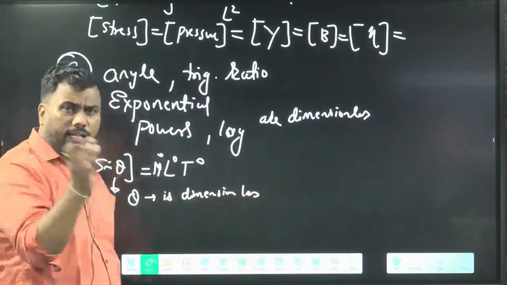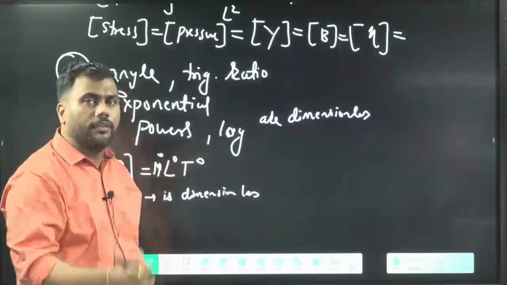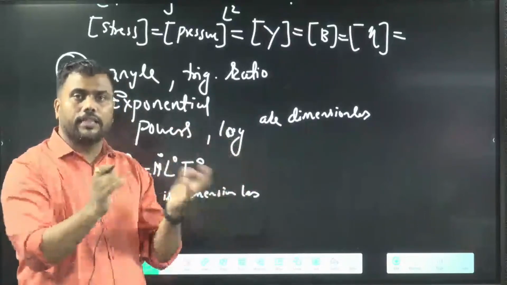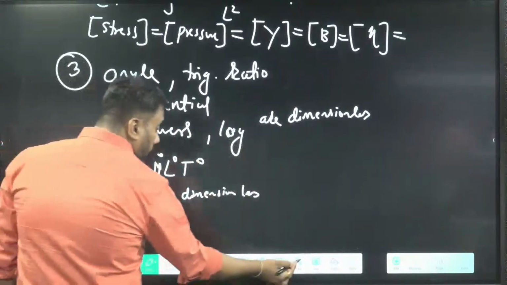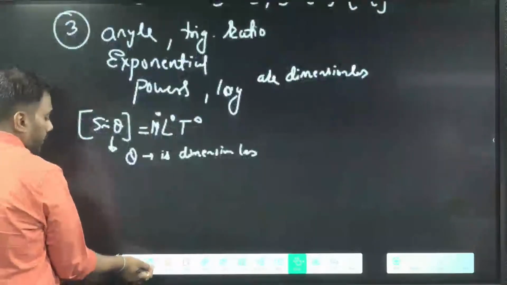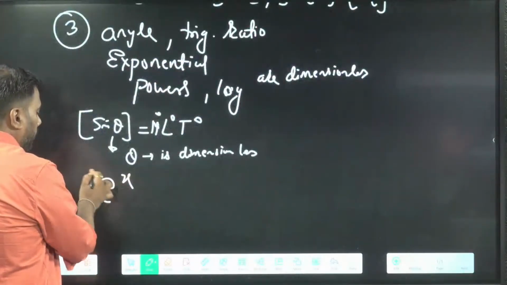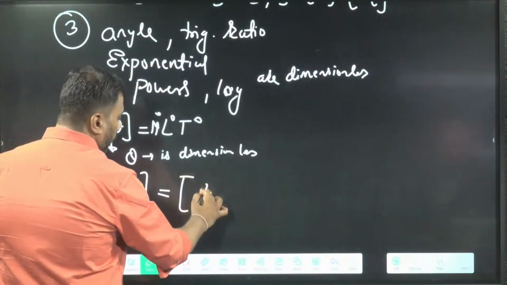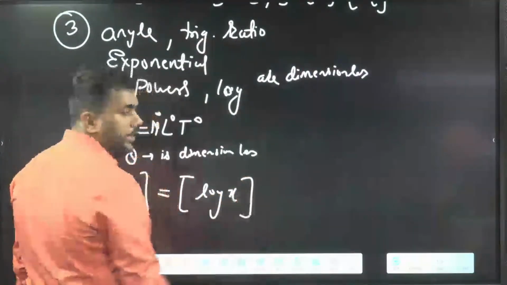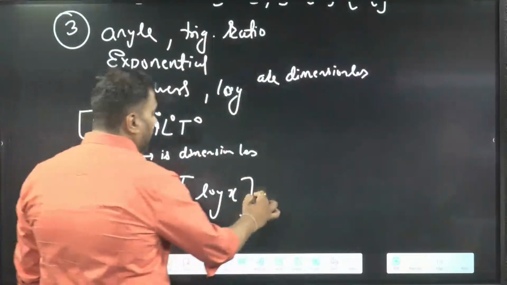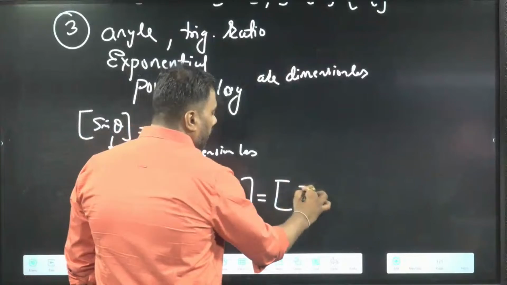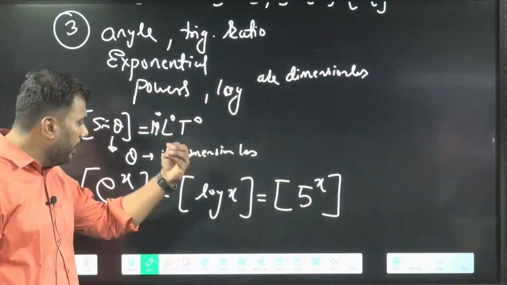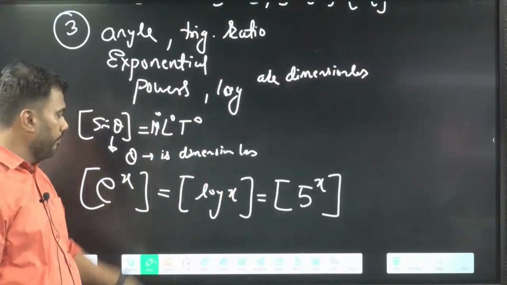Whenever you write sine of anything, that anything should be dimensionless because sine is only defined for angles. So in sine of theta, theta is dimensionless. Log is dimensionless. E to the power x is dimensionless. Dimensions of e to the power x is nothing, dimensions of log of x is nothing, dimensions of sin, cos, nothing. Dimensions of any number to the power anything is nothing.